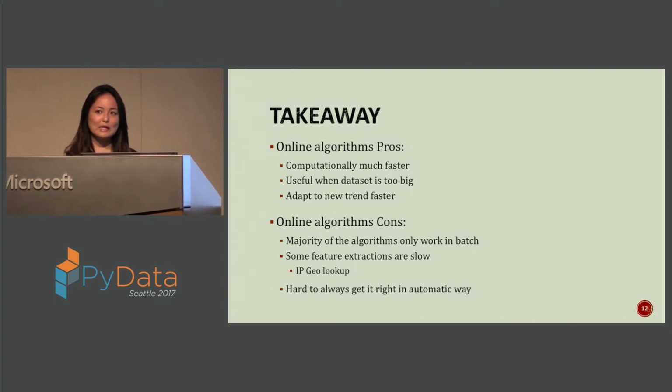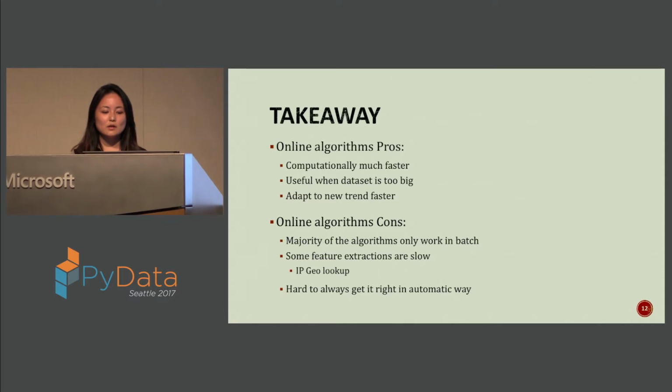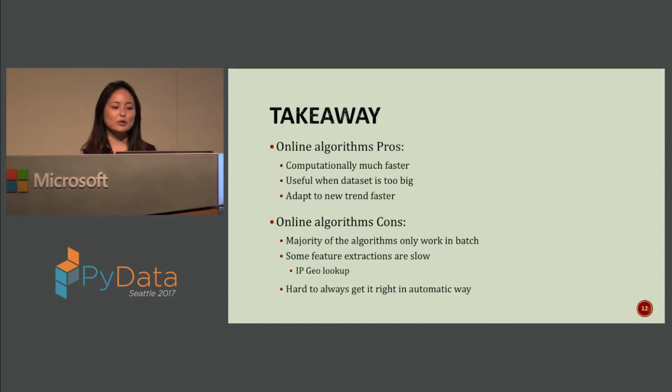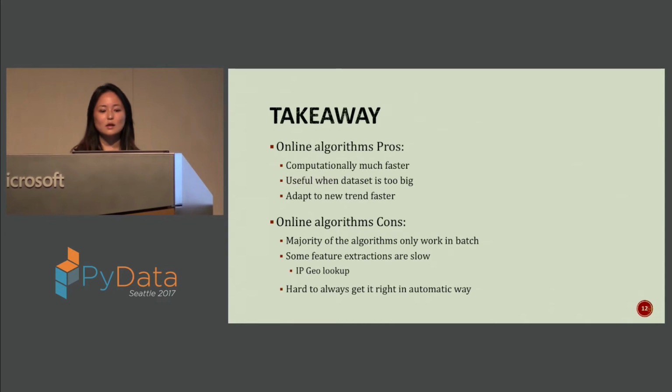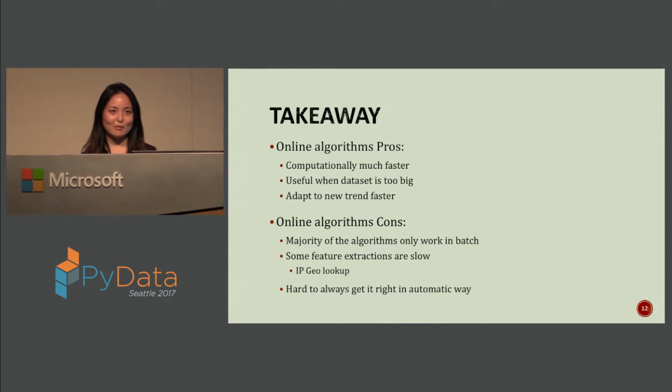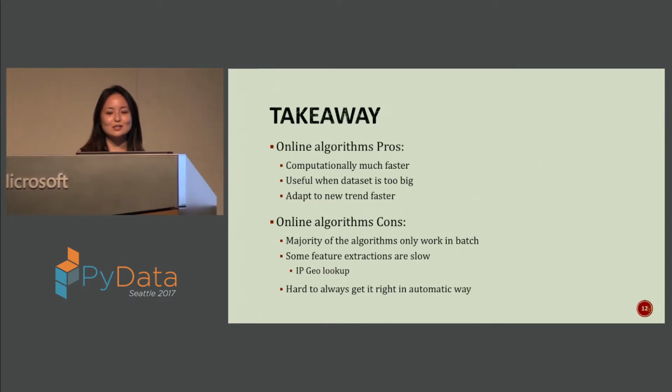However, if you use that as your feature, then the feature extraction time depends on this external API. There are many ways to work around it. Maybe you can pre-populate your database with an IP and geolocation lookup so you don't have to rely on this external resource. And if you have no way to work around it, you will need to think about whether you really need that feature, or whether you can change it into a feature that's faster.